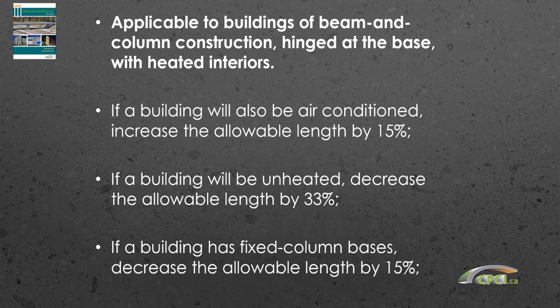If it's a continuously air-conditioned enclosed building, they say you're allowed to increase those lengths by 15%. However, if you're a parking garage, such as an outdoor unheated parking garage, they would recommend in that table decreasing the allowable length by 33%. And again, if you have fixity at the column bases, applying another reduction in the length.